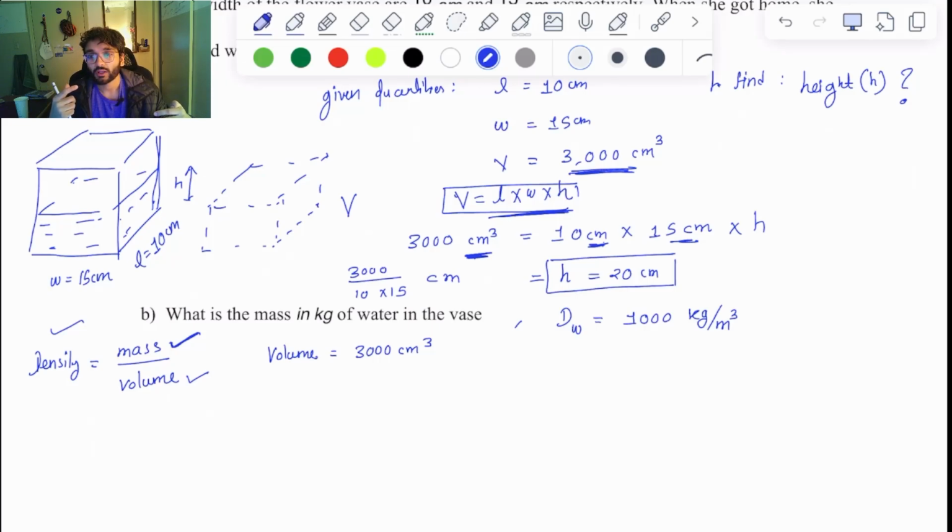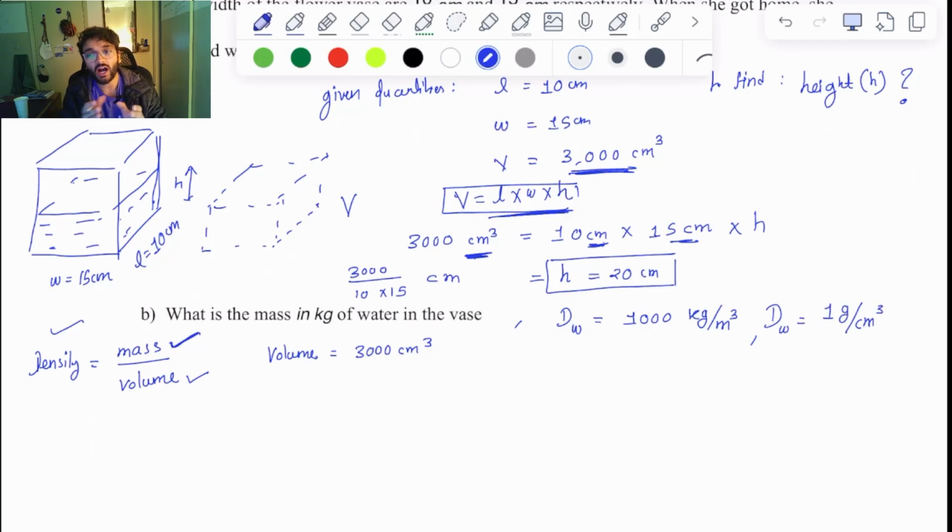So I will convert the volume into meter cube, and then I will use the formula for density, where density is 1000 kilograms per meter cube. This is going to be a little more complicated than if I do not convert the volume to meter cube, but use the density for water as 1 gram per centimeter cube.